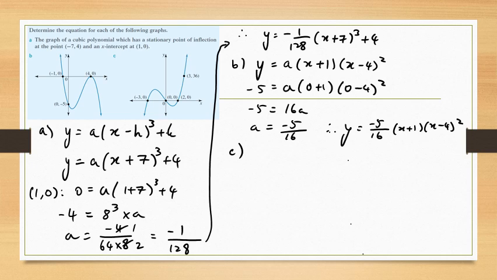Alright, part C, there's no turning point this time, so we just write out all three of the intercepts. Now we have a 0, so that will end up being an x. We have a -3, so that becomes x plus 3. Then the other one is x minus 2. Substitute your point in.